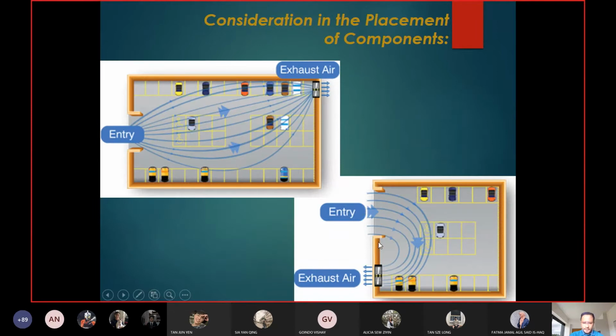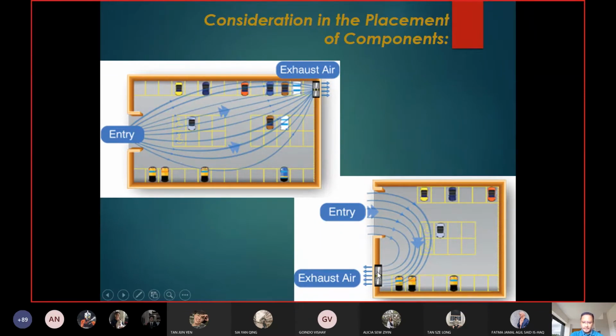Okay, so this is what I mentioned earlier, why you cannot put the supply fan or the exhaust fan at the same position. But in this case, it's just exhaust air. The entry is through an opening. Right? There's no supply air fan, so just a normal opening.